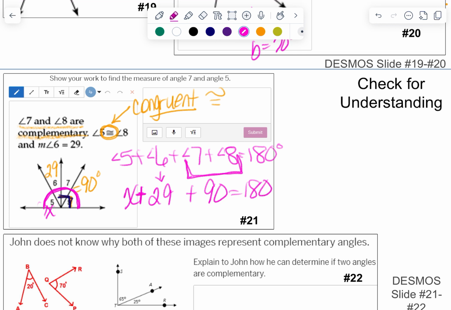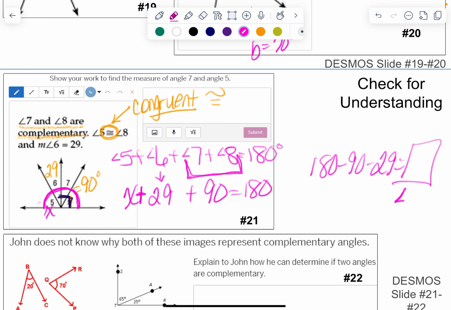So I'm going to take my calculator and do 180 minus 90 minus 29. I'm going to just subtract them, and whatever I get is going to be angle 5.